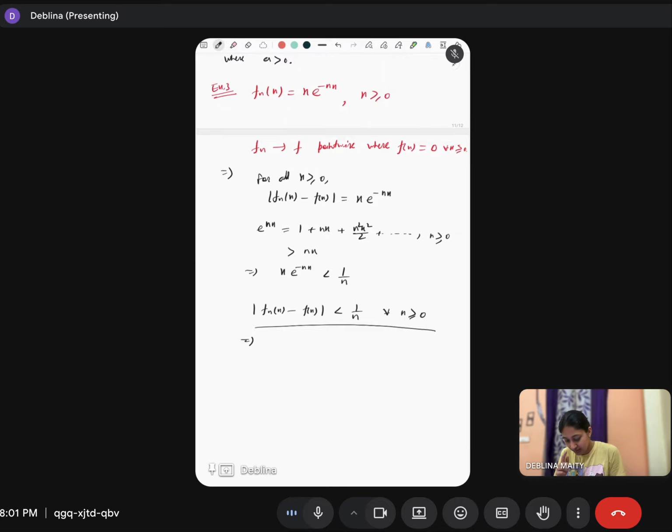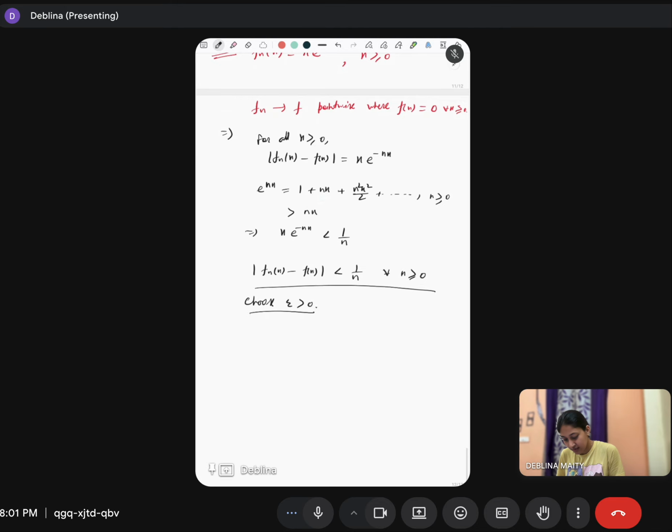In the epsilon-delta way, if we choose epsilon greater than 0, then we'll choose this k to be the floor of 1 by epsilon plus 1, right?